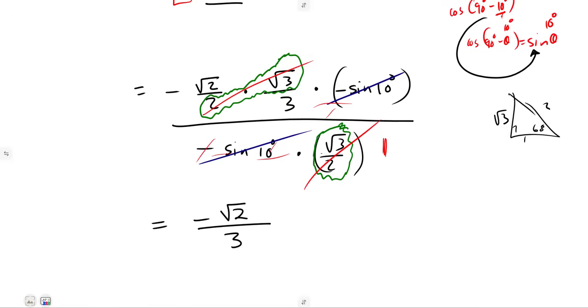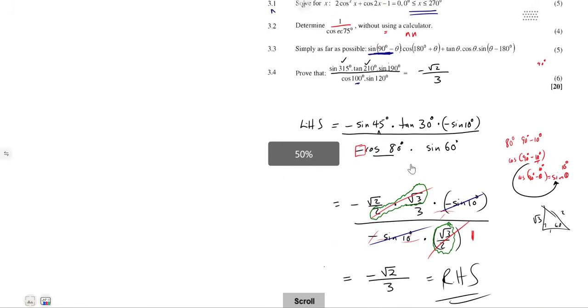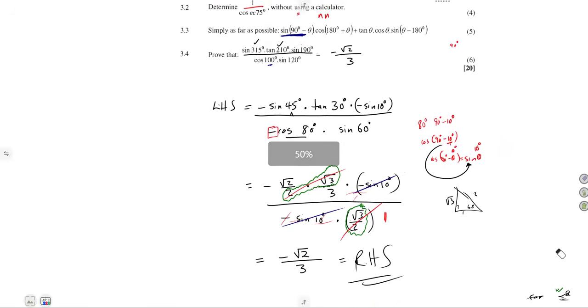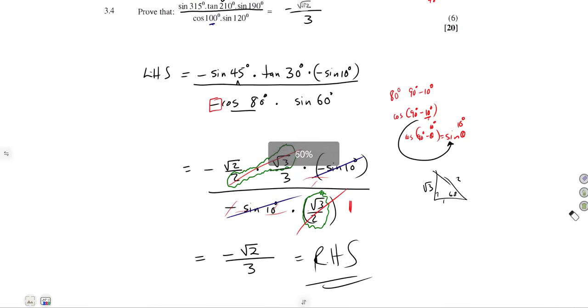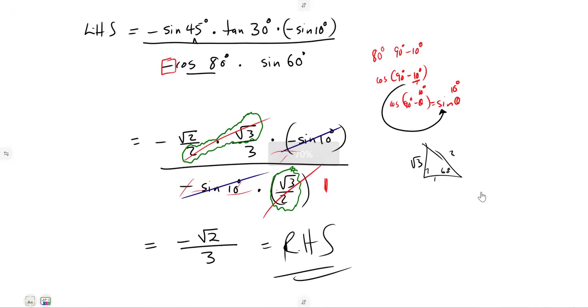So that is what we're being asked to prove, exactly what we have on the right hand side. Remember, this is the proof that the left hand side, if you simplify it, must give you exactly what you have on the right hand side. It is just like those questions that we used to have where you're being asked to simplify.